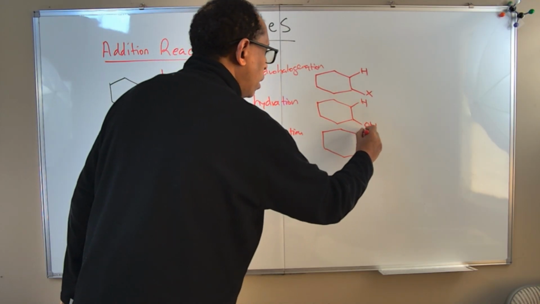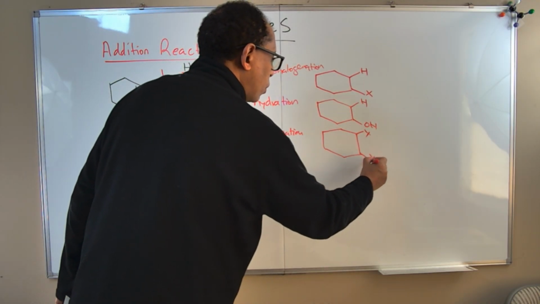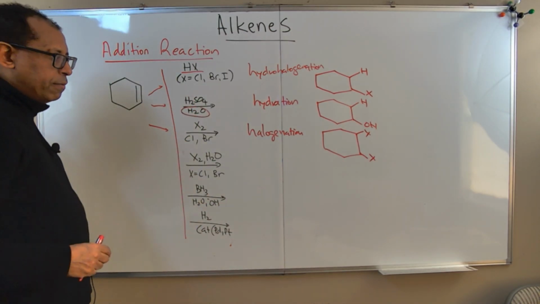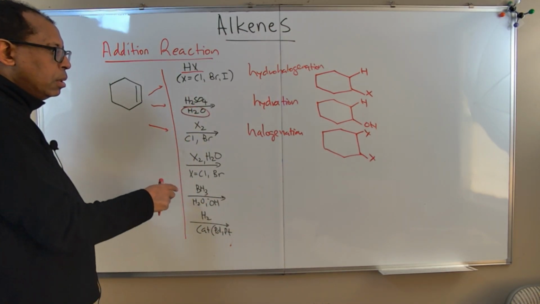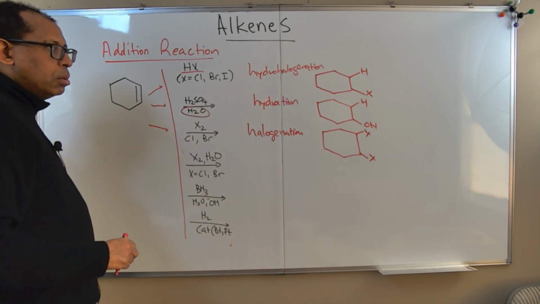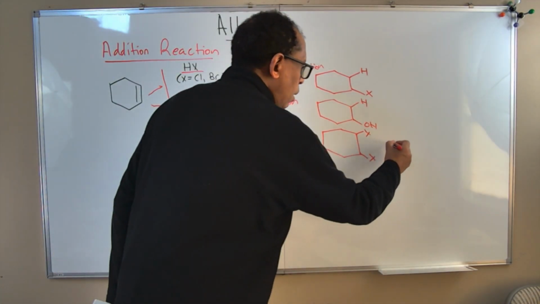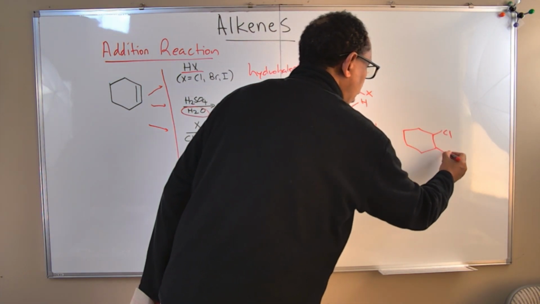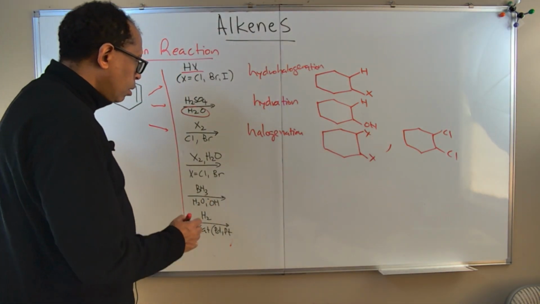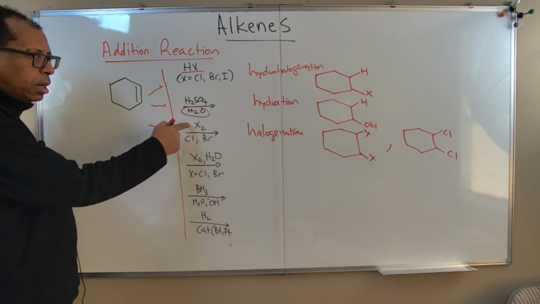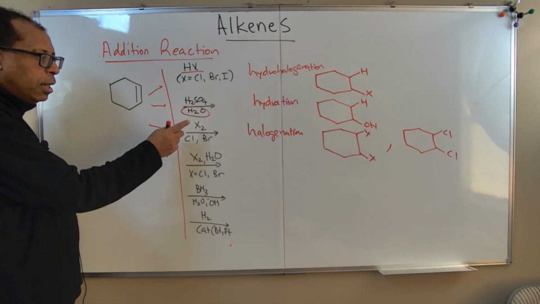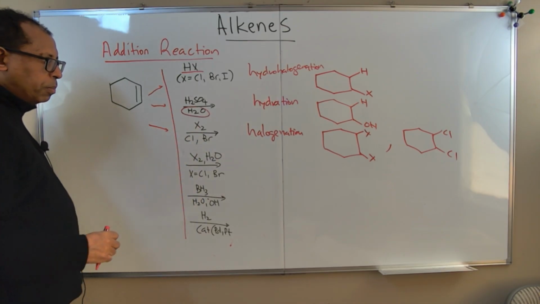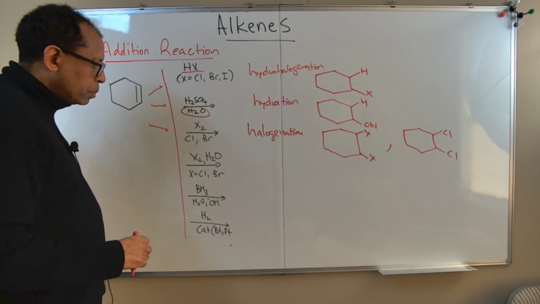That is, it could be XX. So it's dibromo, dichloro, based on what you have. So, for example, Cl2 would add 2 chlorines. Example would be you can have a dichloride compound. That's halogenation. So you should use molecular halogen. That means chlorine gas, bromine also as a reagent.